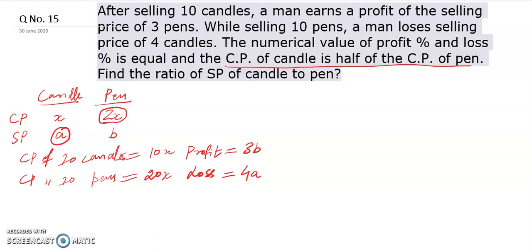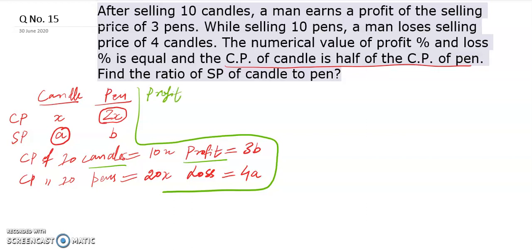Now if we need to find the profit and loss percent of candles and pens, for candles we have profit, so the profit percent will be profit upon CP. Profit is 3B. Our CP is how much? CP of 10 candles is 10X. So 3B upon 10X into 100. Now the question also says the numerical value of profit percent and loss percent is equal.